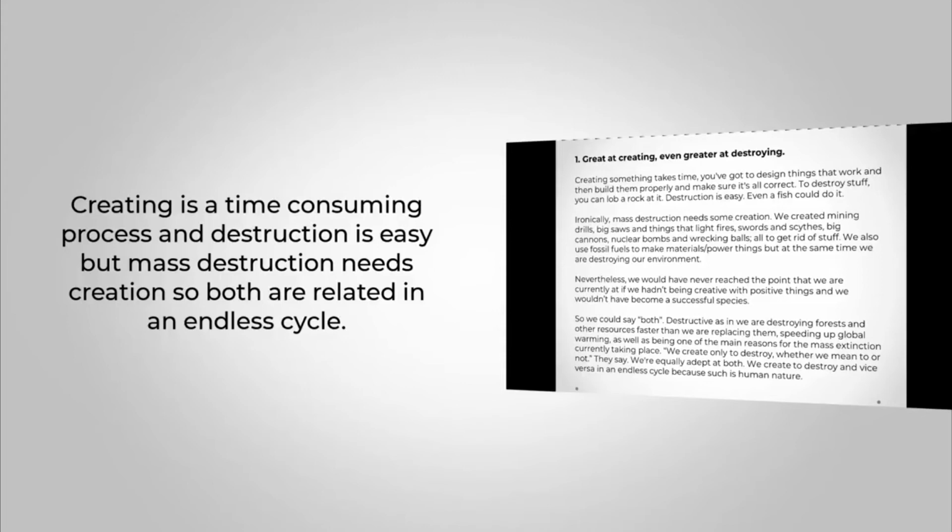If you don't put a, you would say creating is process. So that's why a was needed there. Creating is a time consuming process, and destruction is easy. But mass destruction is creation, so both are related in an endless cycle.